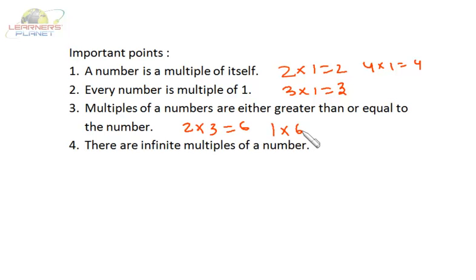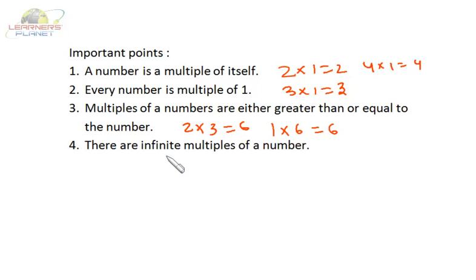Or 1 into 6 is 6. That means 1 and 6 are the factors of 6, and 6 is a multiple of 1 and 6 both. That means the greatest factor is 6, and the least multiple of it is 6. So multiples of a number are either greater than or equal to the number.